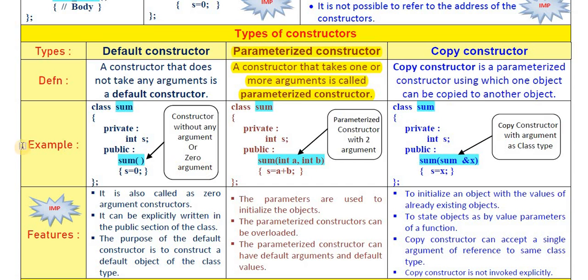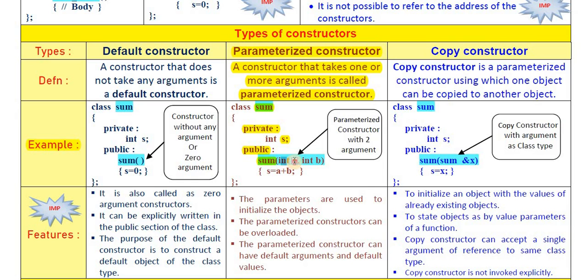So here the example is: this class name is sum, and in the private section there is one variable s, and in the public section there is one function. The name of the function is sum. So here the class name is sum and the function name is also sum. Hence this function will become a constructor.